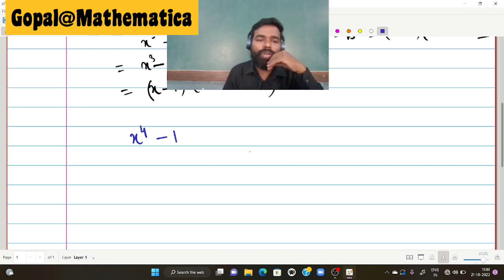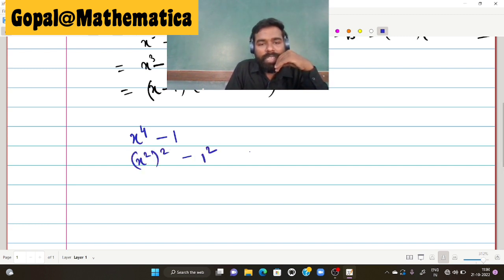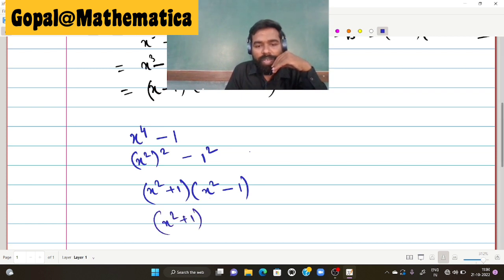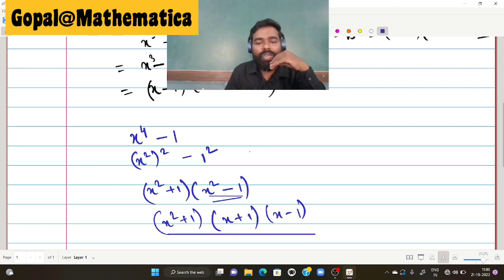So still we can sort it out with some formula, like again we can write this, because a square minus b square again हमको दिख रहा है, so I can write a plus b and a minus b. ठीक है, and further we can again factorize this second bracket. ये bracket को एक और बार हम factorize कर सकते हैं, so we get x plus 1 and x minus 1. So we have 3 factors over here for this problem. ठीक है, थोड़ा सा different way का है but हो गया.